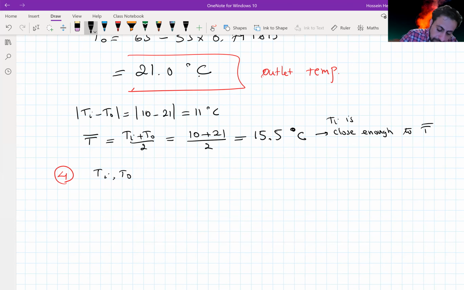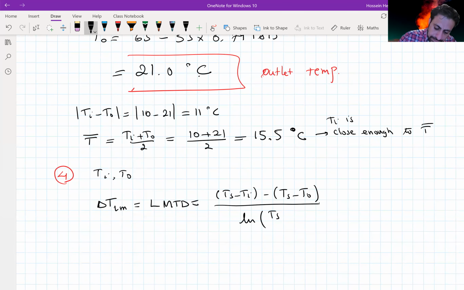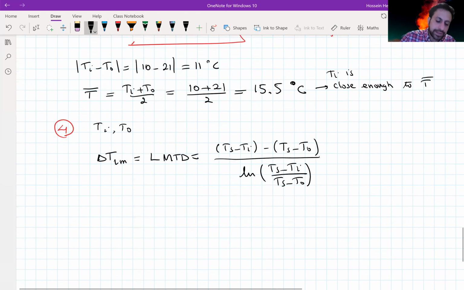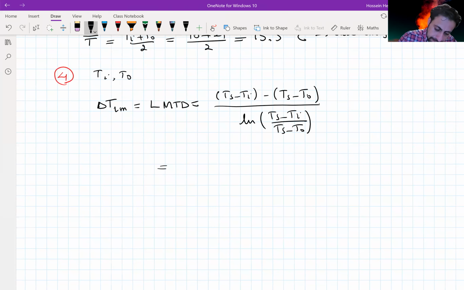And therefore, for a bank of tubes, what we were using was this log mean temperature difference, delta T LM or LMTD, which is (Ts minus Ti) minus (Ts minus To), divided by the natural log of (Ts minus Ti) over (Ts minus To). And this is going to be Ts is 65 minus 10, 65 minus 21.